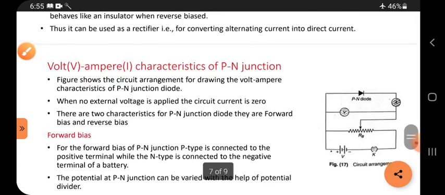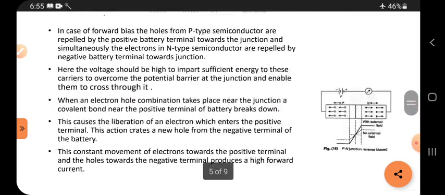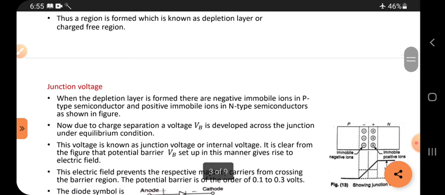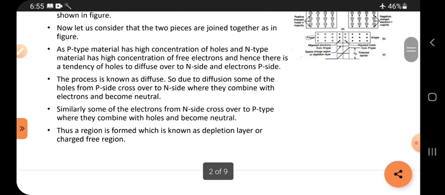Okay friends, this is very important in the examination, how the questions are asked. Explain the PN junction diode, and sometimes they ask, explain the VI characteristics of a PN junction diode.